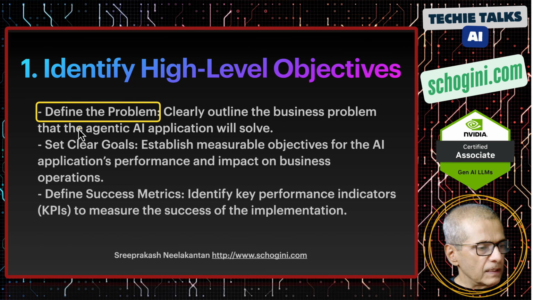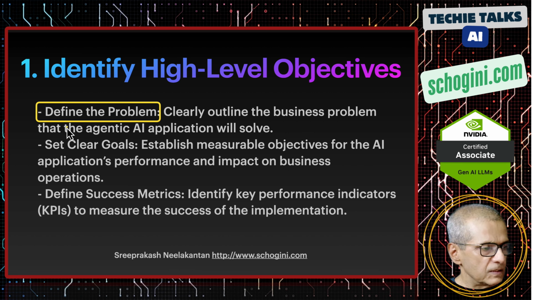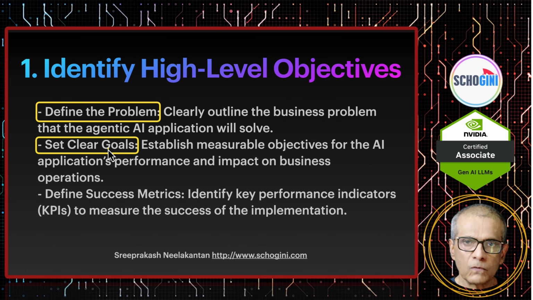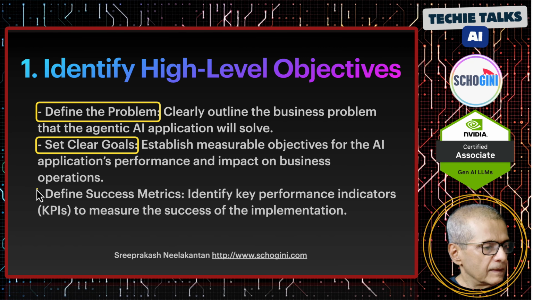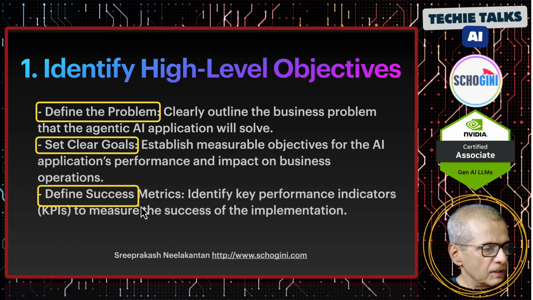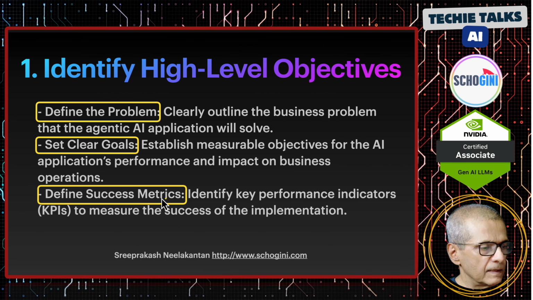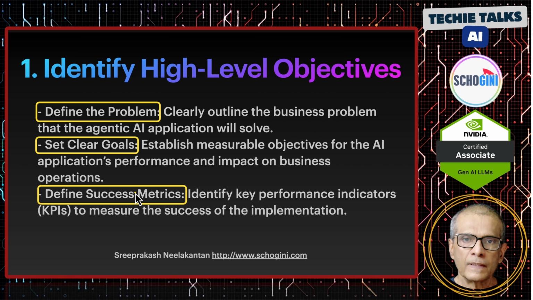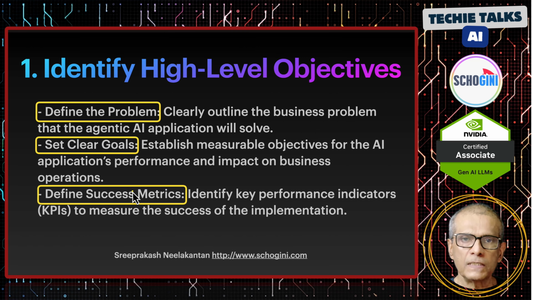Define the problem, clearly outline the business problem, and then set the clear goals, what the agentic system is expected to accomplish. Then you also define the key performance indicators to ensure that it is performing successfully.